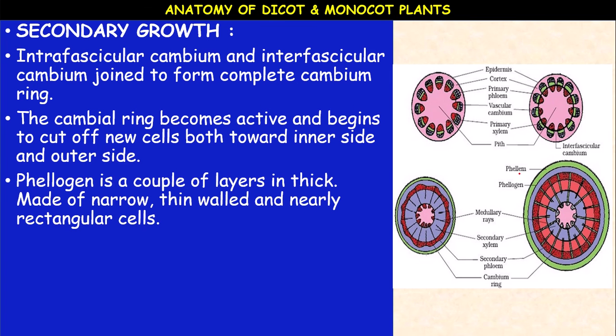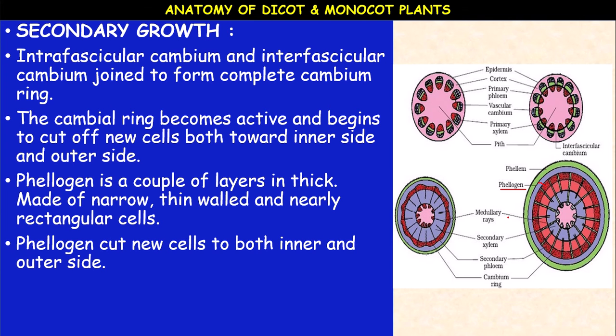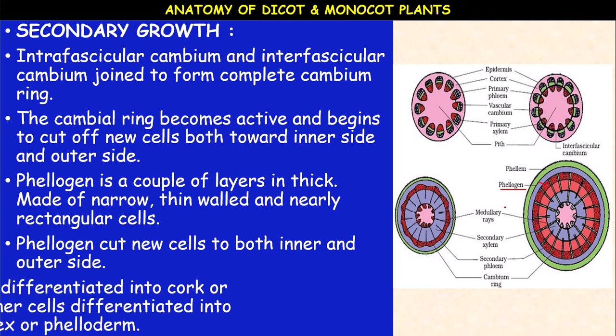The phellogen is a couple of layers thick, two layered, and made of narrow, thin walled and nearly rectangular cells, and it cuts off new cells to both the inner and outer side.